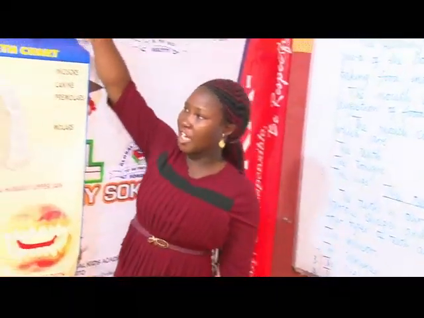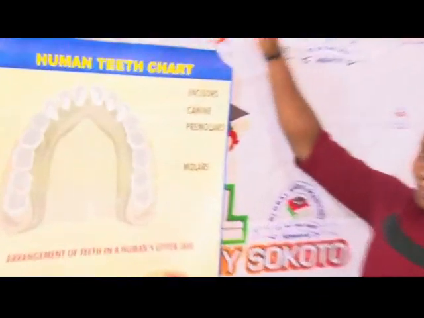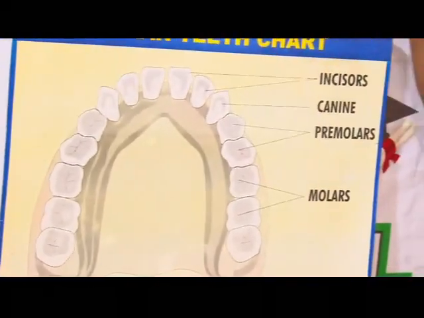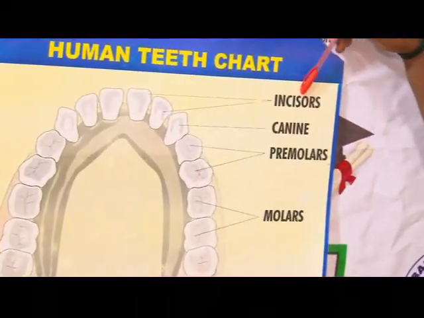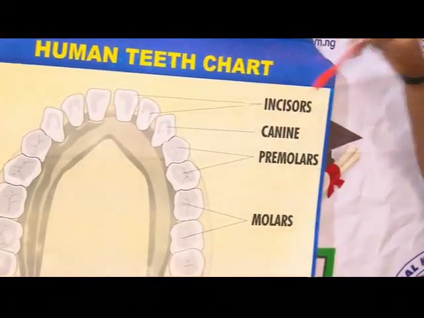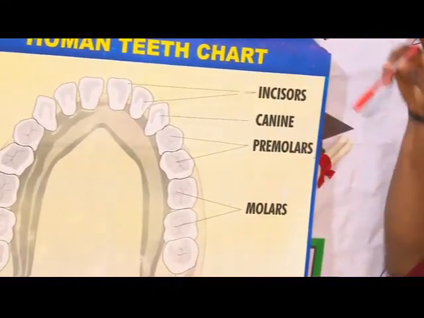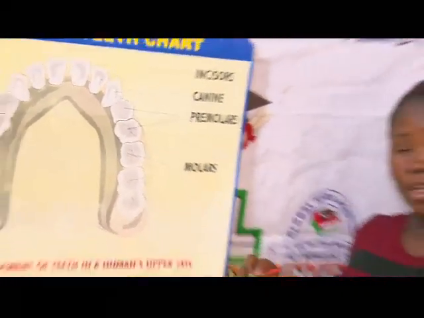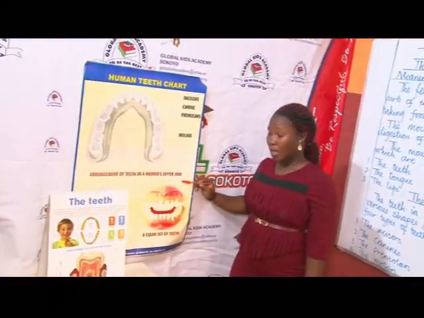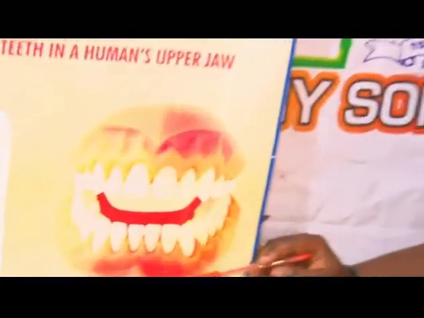Now, if you look at this chart, we have the human teeth. Look at this. We have the incisors, we have the canines, we have the premolars, and we have the molars. We have the upper jaw, and we have the lower jaw.